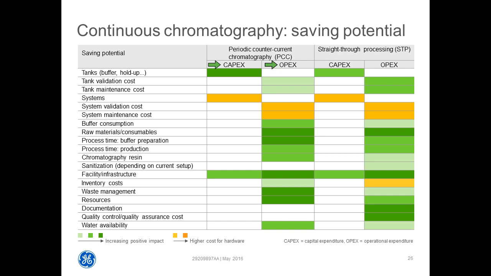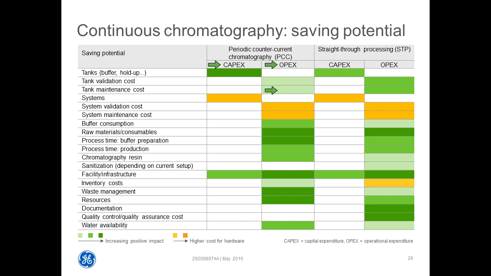There are also going to be a few areas where continuous chromatography isn't nearly as attractive as batch chromatography. So we have to keep that in mind, and going through the thought exercise of where am I gaining, where am I not gaining so much, is really valuable in understanding the practical implications of implementing continuous chromatography.